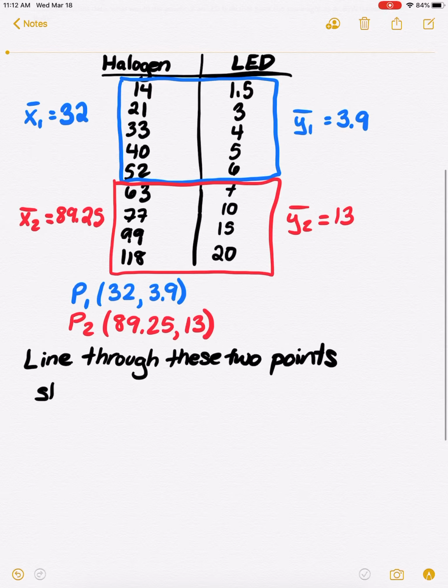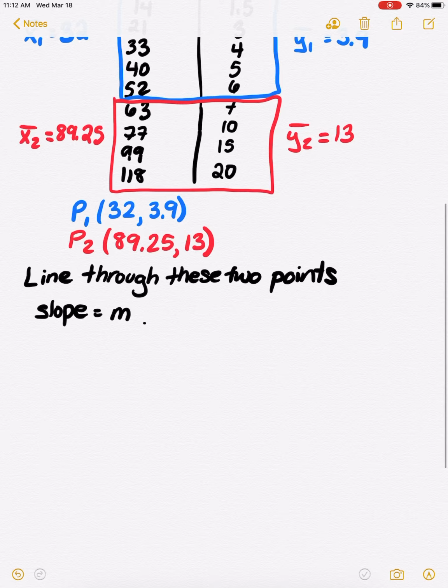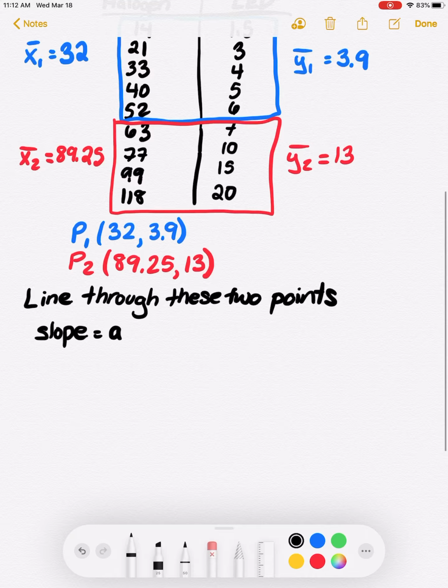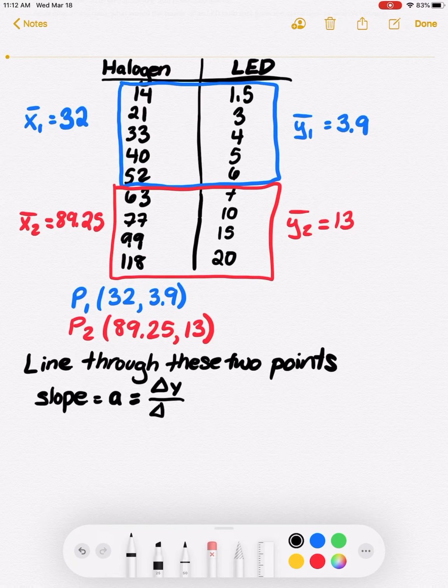So the slope, that's m, or a, I guess. That's going to be your a value. That's your change in y over your change in x.